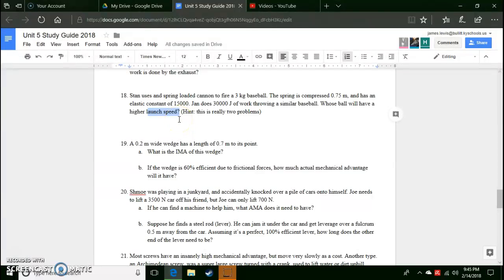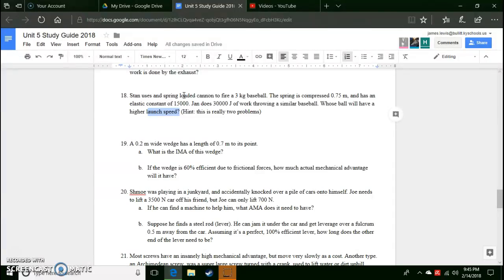So you can consider that he's probably holding the cannon up in the air. So the gravitational energy is there, but it's not relevant to the problem. He's going to fire the cannon whether he's holding it or whether he's got it on the ground, and the ball's going to come out of the cannon at the same speed whether he's holding it in the air or on the ground. So the gravitational energy is completely irrelevant.